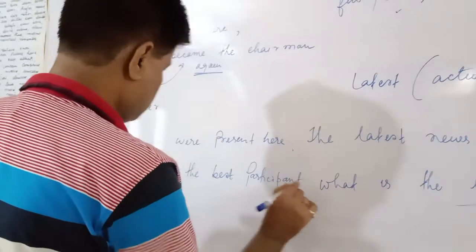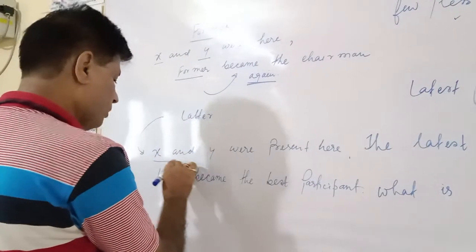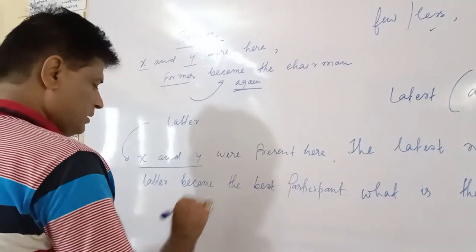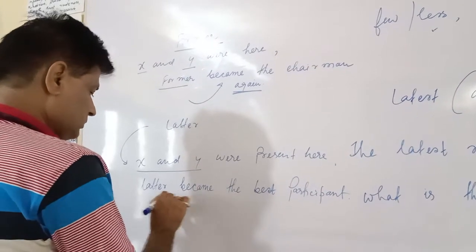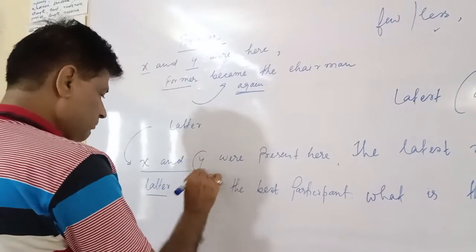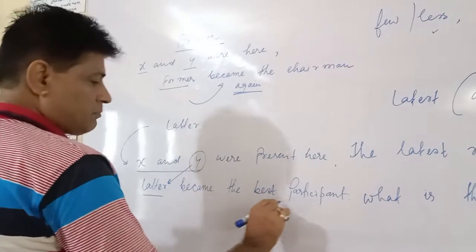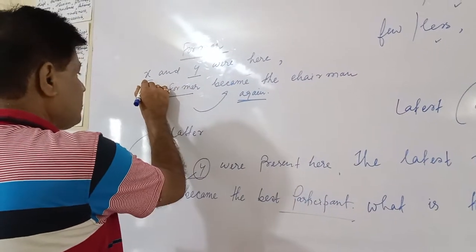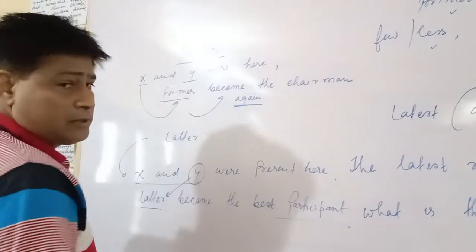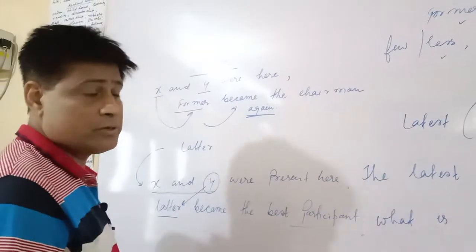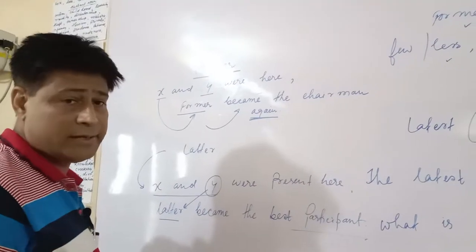Here both persons were present, but the latter, denoting Y, became the best participant. Here X defines former. Clear, friends, to understand with regards to former and latter?